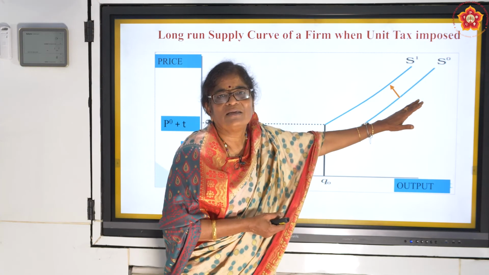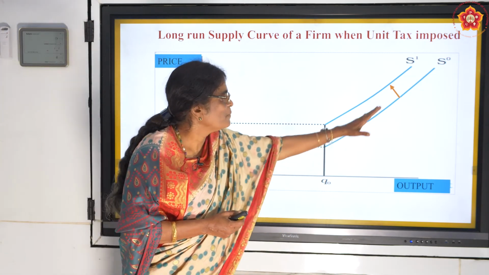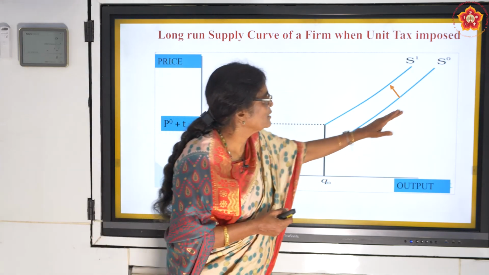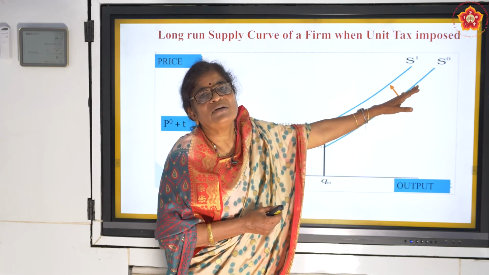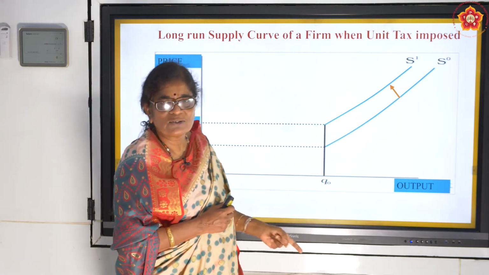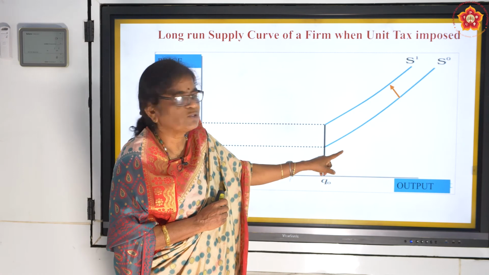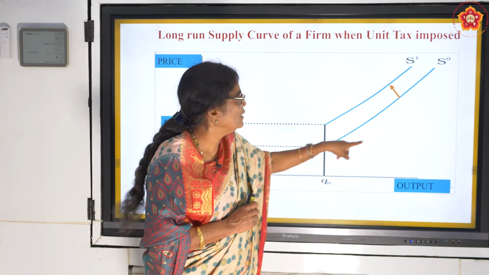We know what this is. It came from the rising part of the LRMC curve. We denote this LRMC curve as S0, the supply curve before the imposition of the unit tax. I hope you understood where we got this branch of the supply curve. It's the segment of positive output supply when the price is greater than or equal to LRAC.